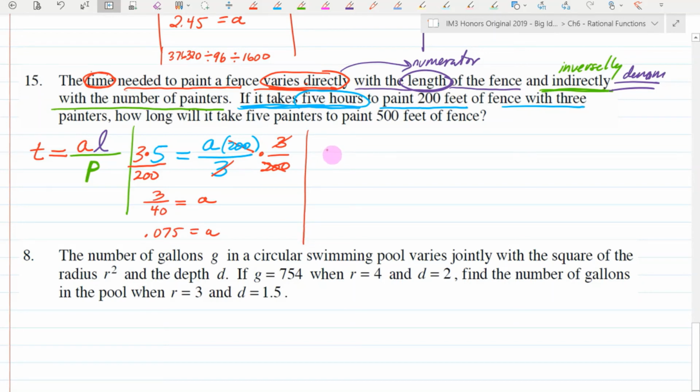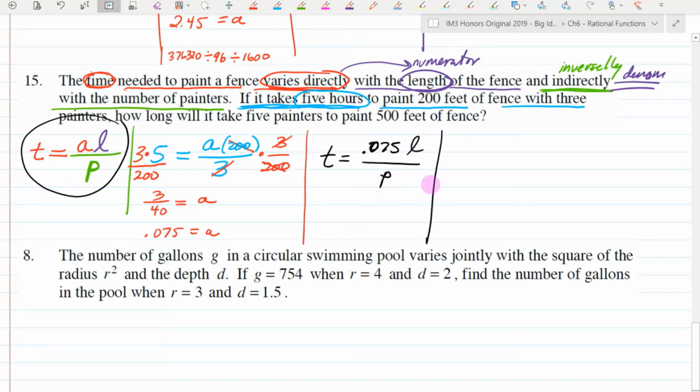So now we're going to take this formula and fill in A. So T equals 0.075 times length over painters. And then we'll use that to solve the last part.